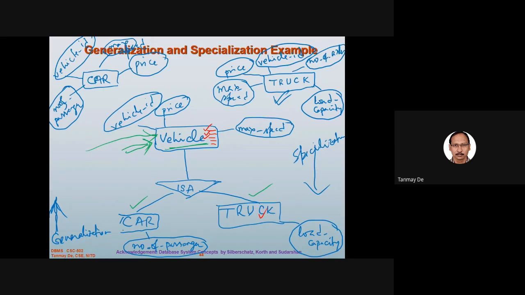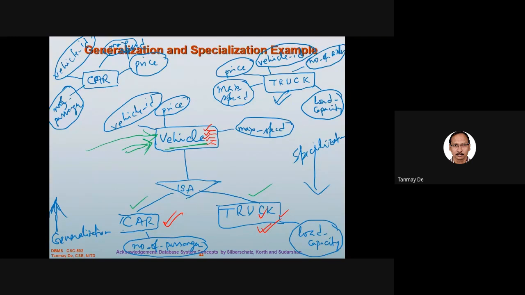If all of the vehicle entities participate in the lower level entity set, say car or truck, then that participation is called total participation. That means all the vehicles participate either as a car or as a truck. That is total participation.